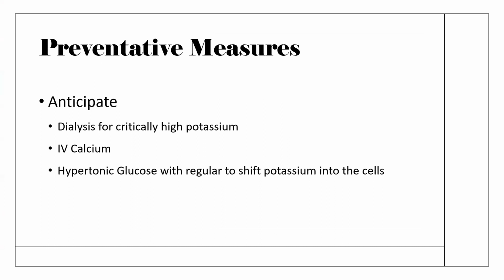Now, what are some preventative measures? Prevention is key. What would we anticipate to be ordered to prevent hyperkalemia from causing cardiac dysrhythmias leading to cardiac arrest? We are going to prepare the client for dialysis if the potassium levels are critically high.